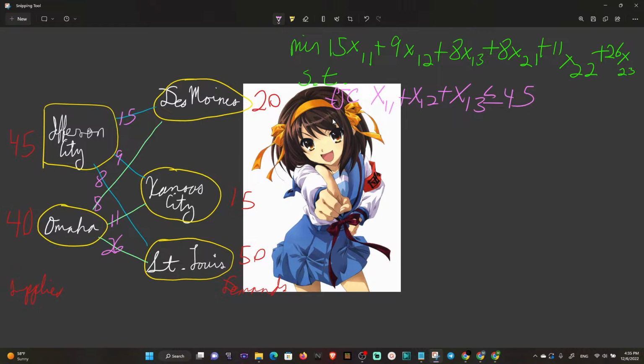Good. And then Omaha: x21 plus x22 plus x23, less or equal to 40.